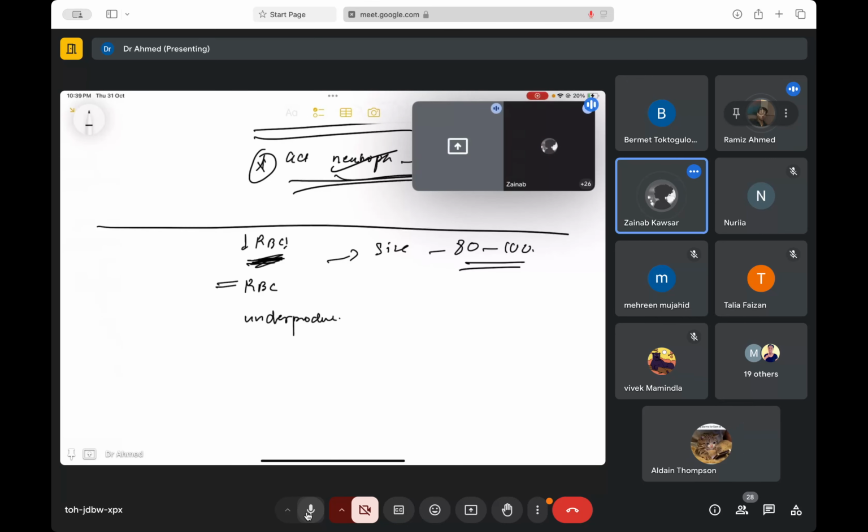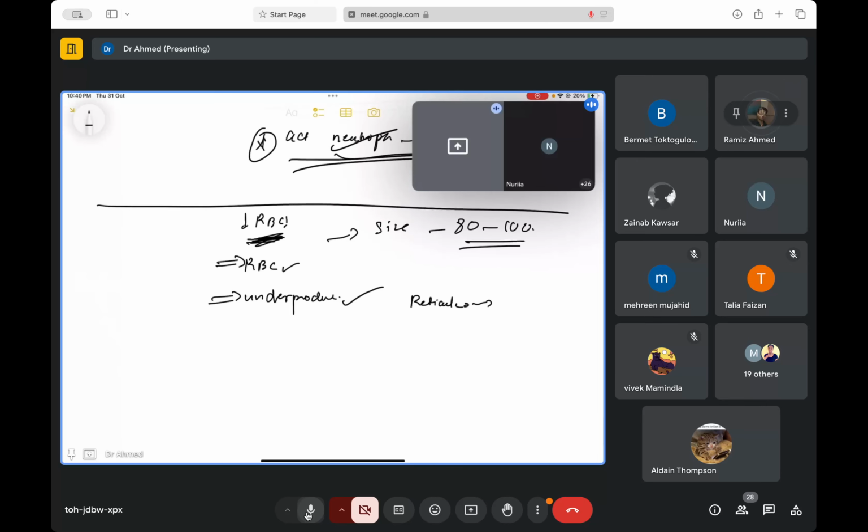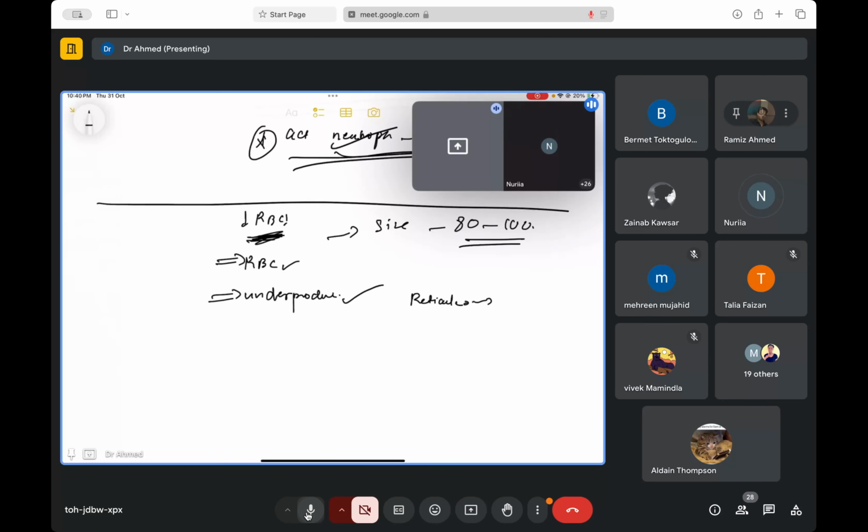So how to check whether it's caused by underproduction or breakdown? Reticulocyte count. Perfect. So normally, how much reticulocytes are present inside our blood? 1 to 2%.